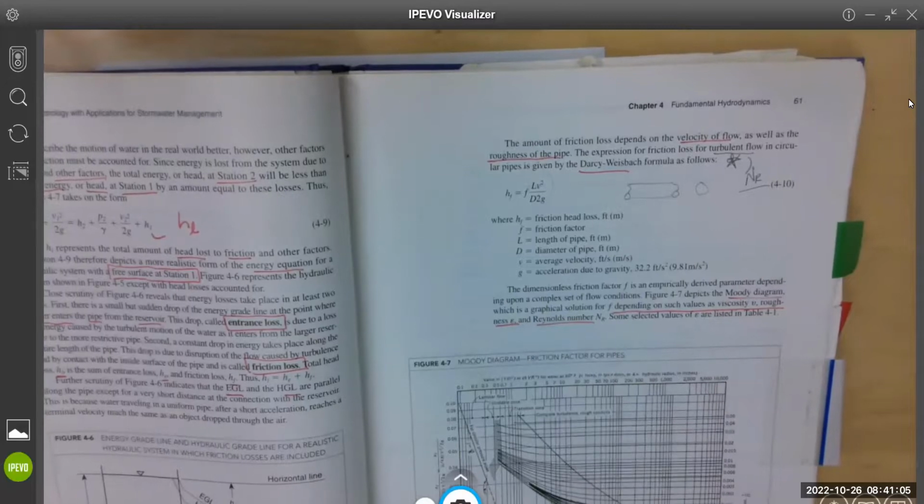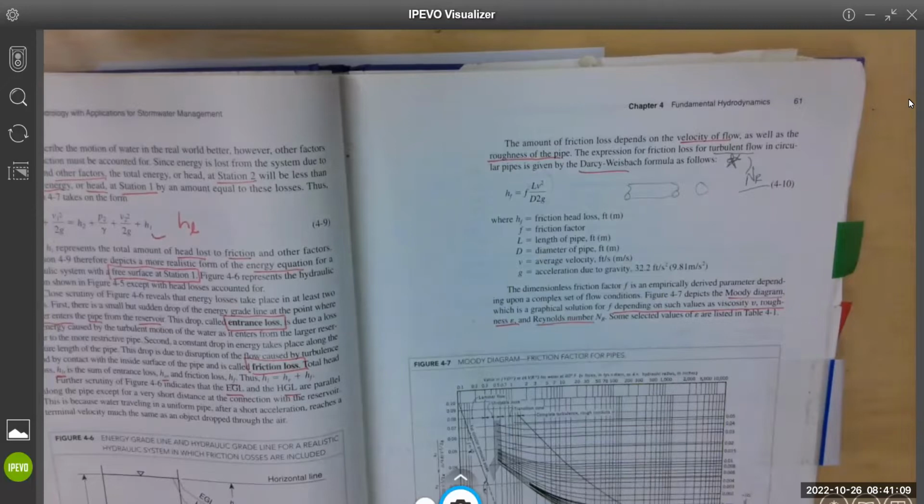But this is a kind of complicated little equation. It has lots of variables, and it defines them there for you. If you're looking for the friction head loss, that's H sub F, that's what the equation is. If we're looking for how much energy we lost due to friction, we want to solve this equation, but we need to know several things.